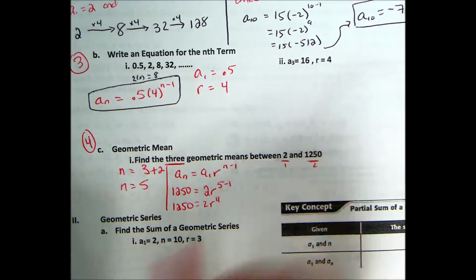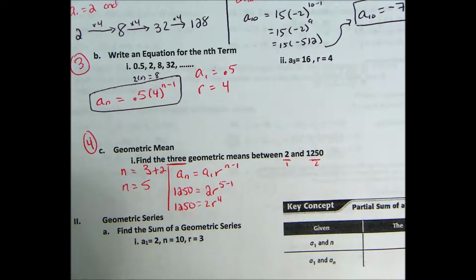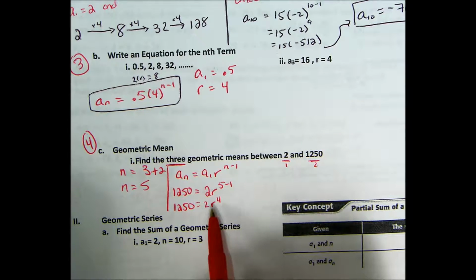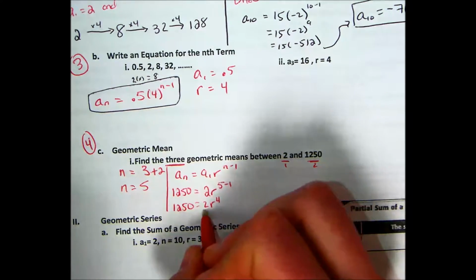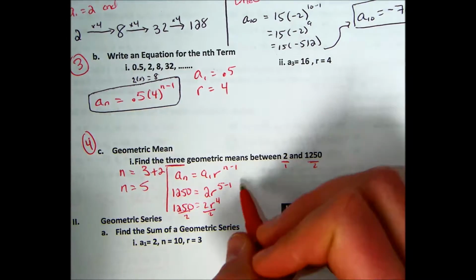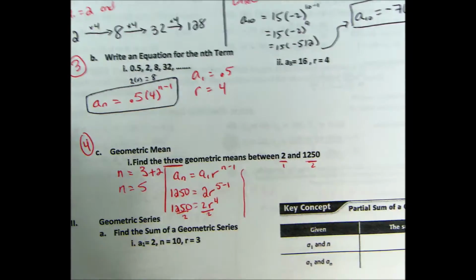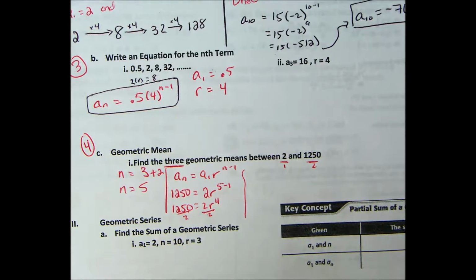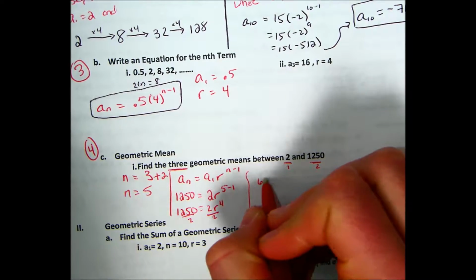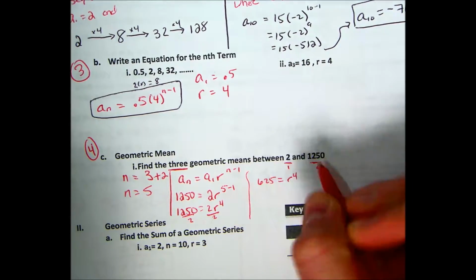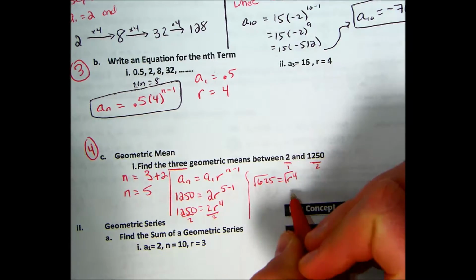This is kind of like solving for r, so I'm going to divide by 2. 1,250 divided by 2 is 625, which equals r to the 4th. I take the 4th root of both sides. r is going to equal 5. So my common ratio is 5.